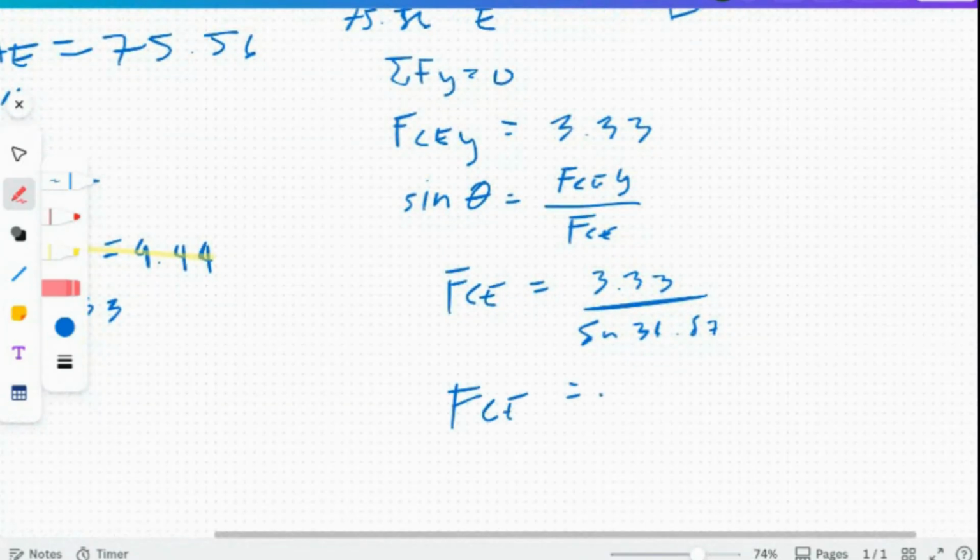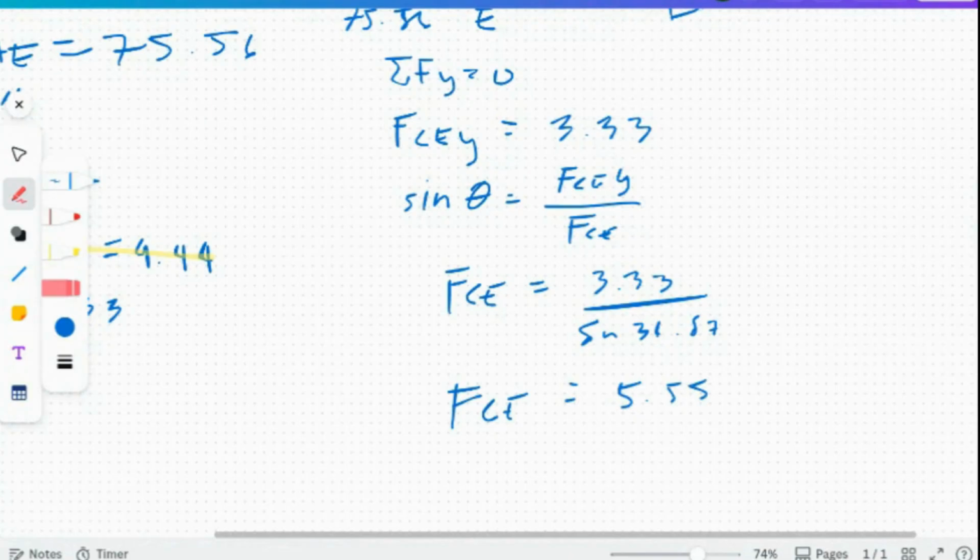It's 5.55. I should really change the way I write my number fives. You may get plus or minus 0.02, that's okay.